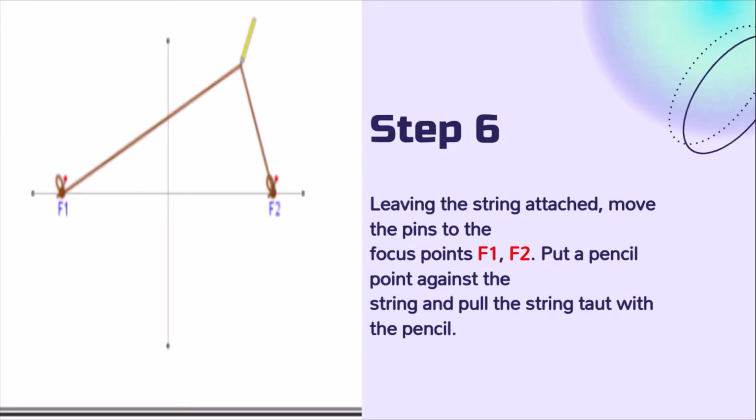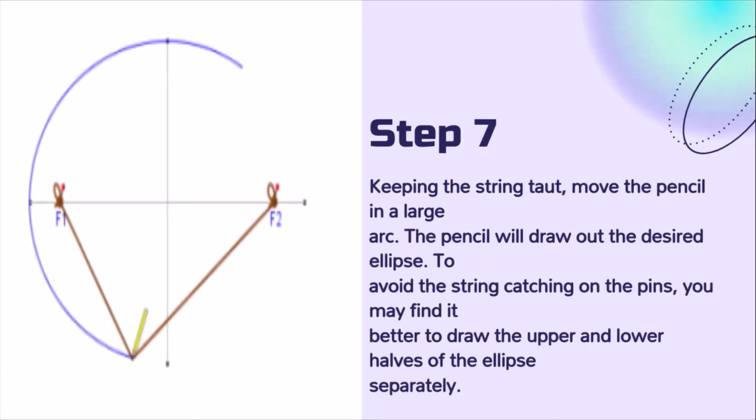Step 6. Leaving the string attached, move the pins to the focus points F1 and F2. Put a pencil point against the string and pull the string taut with the pencil. Step 7. Keeping the string taut, move the pencil in a large arc. The pencil will draw out the desired ellipse.